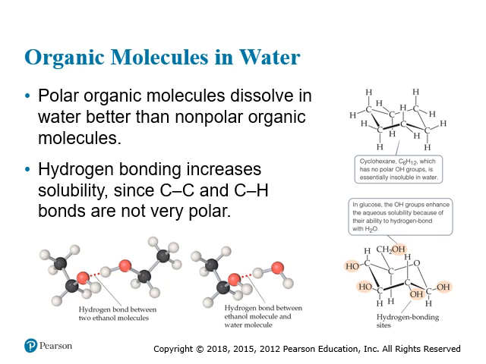So polar molecules would be more likely to dissolve in water. Now, in general, the carbon-carbon backbone and the carbon-hydrogen bonds that we see in organic molecules are not very polar. So we don't see a great deal of solubility when those are the only bonds at play.